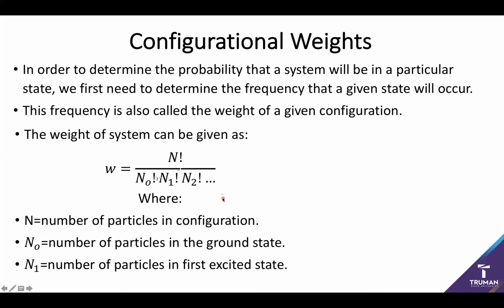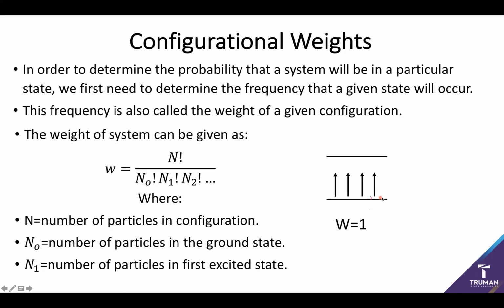So this may seem a little bit odd of a way to describe a system. So let's go ahead and give an example from a very simplified perspective. So let's say I've got four molecules. Each one can be in a given electronic energy, either say a ground state or a first excited state.